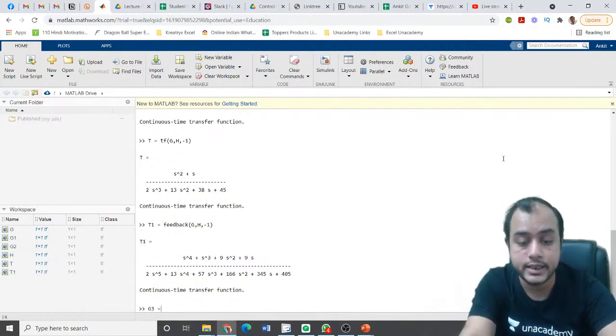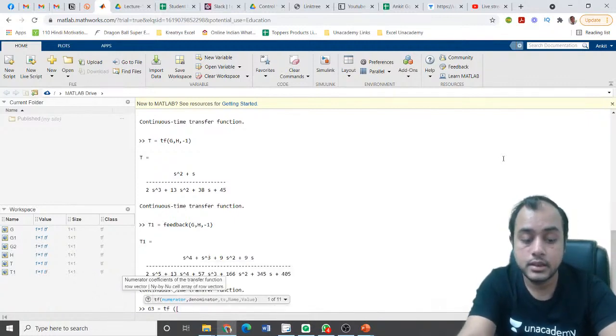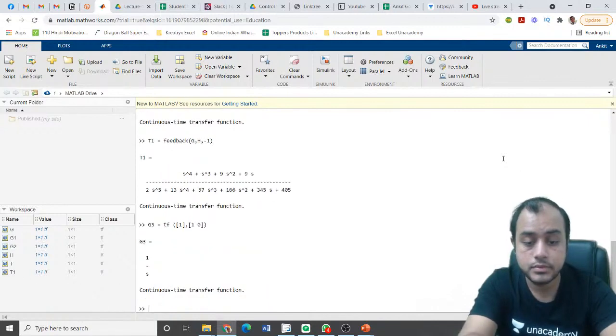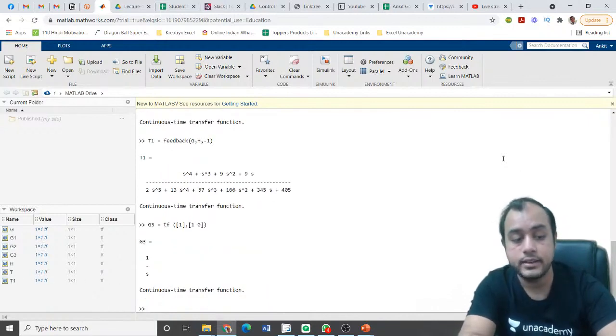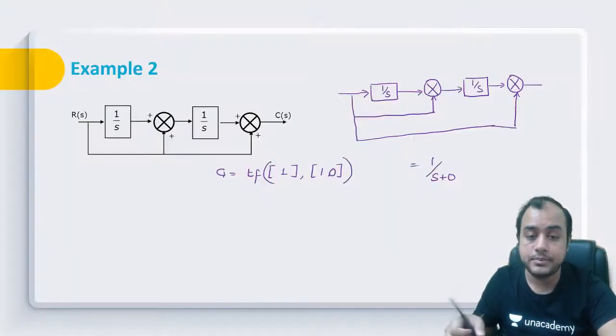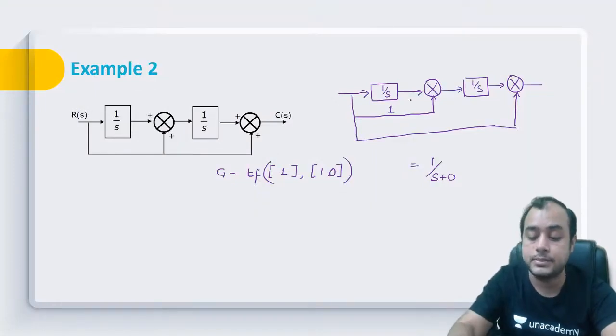Let me write G3. G3 is TF 1 comma 1 0. See, 1/s is now G3. Now there is a path of gain 1, connected in parallel with 1/s.